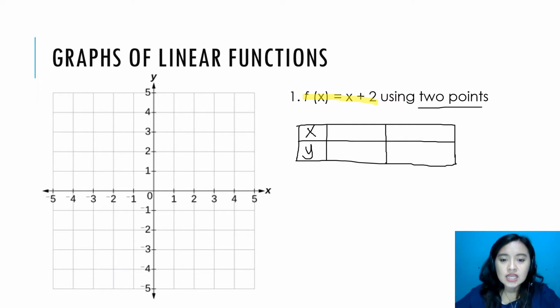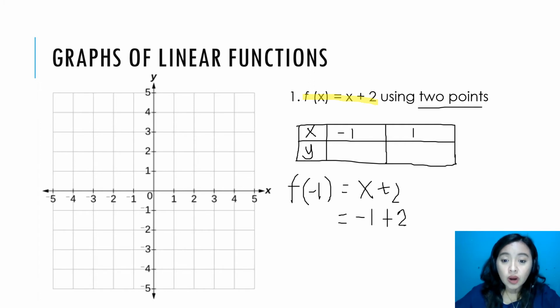So let's say x here is -1 and 1. Pangitaon na to, pilay value ni y kung ang value ni x kay -1. Okay, so if we have f of -1 sa atong function, ang atong function mahimo na siyang -1 plus 2, or that is simply equal to 1.